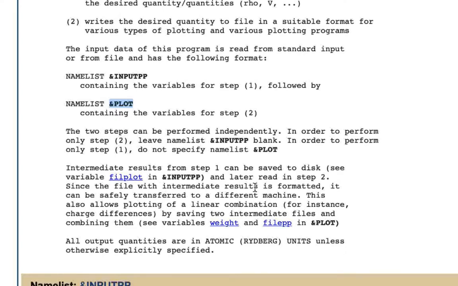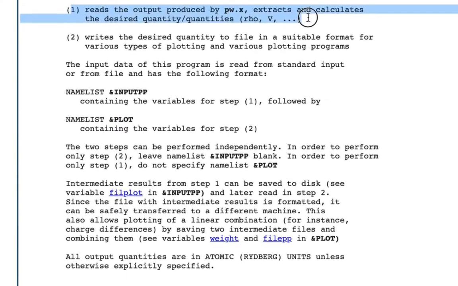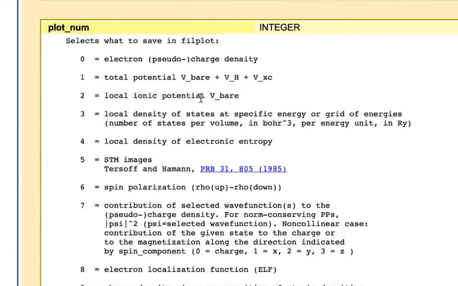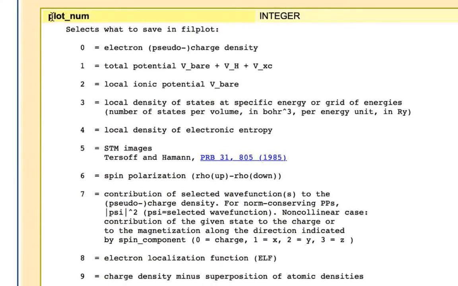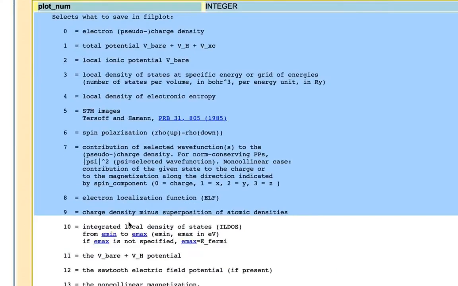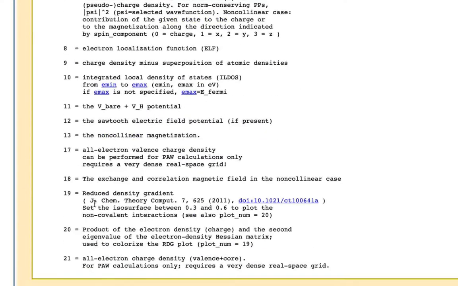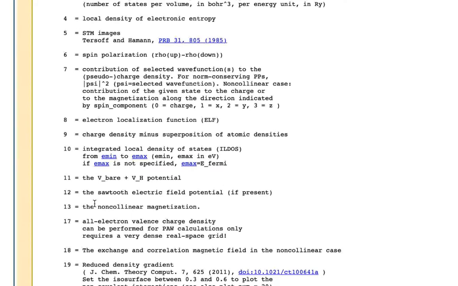One more important thing to note here is that whenever you are going to run pp.x, you first have to run an SCF calculation using pw.x, because the results from that will be extracted to calculate the desired quantity, such as the charge density or the molecular orbitals, etc. In our case, as you can notice from here, plot_num is a variable you can set to a number of values, and you can do as many things as the values you see here.